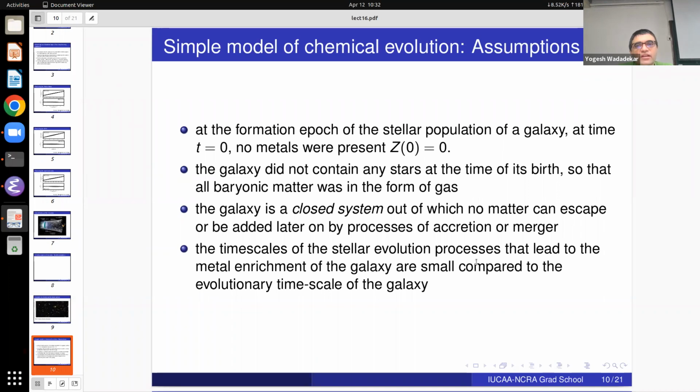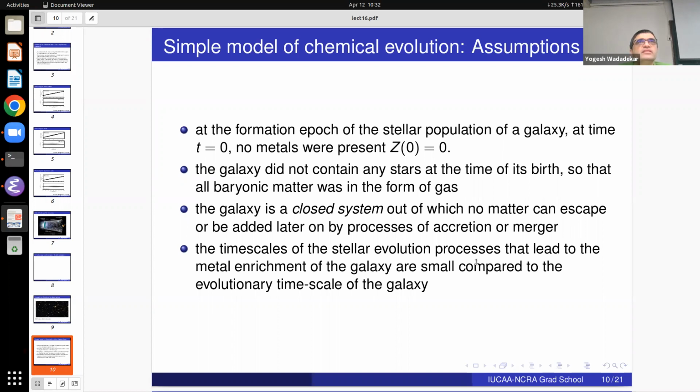The galaxy did not contain any stars at the time of its birth, so all baryonic matter was in the form of gas. The third assumption we make is that the galaxy is a closed system out of which no matter can escape or be added later on by processes of accretion or merger. Okay.